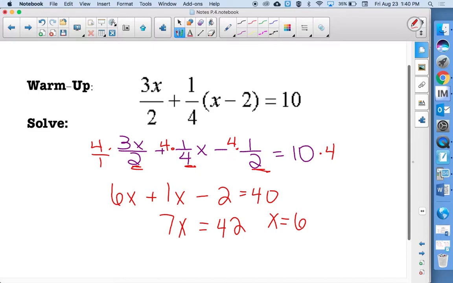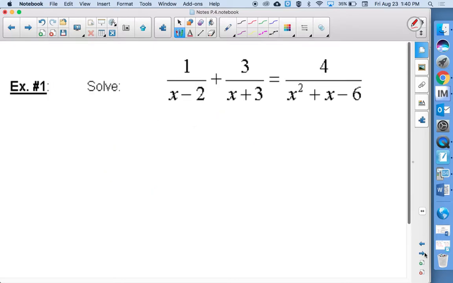So we're going to use the least common denominator fact to help us solve rational equations, because there's fractions in rational equations, but there's variables in the denominator. So if you look at example 1, 3 separate fractions, each of those fractions have a variable in the denominator. So we're going to try and use that least common denominator fact.